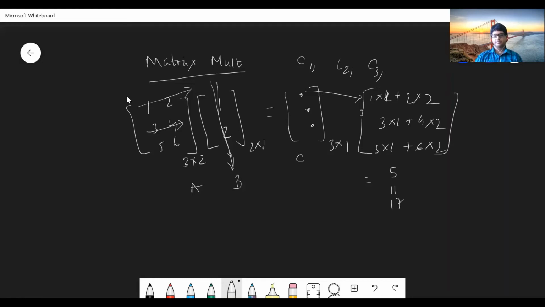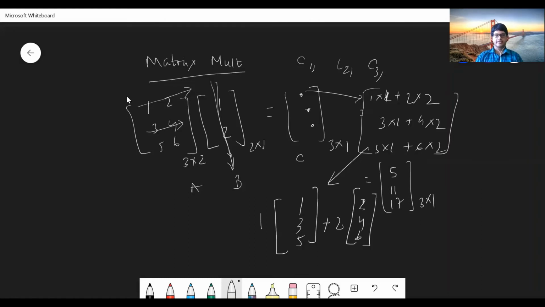So this is the output matrix, which is 3 cross 1. I just demonstrated a simple example of multiplication. You can see this also in a different way. I can say that this can be written as 1 into (1, 3, 5) plus 2 into (2, 4, 6), correct?